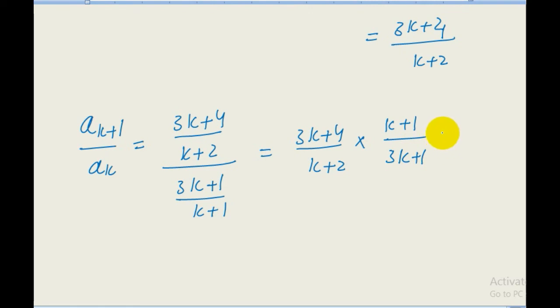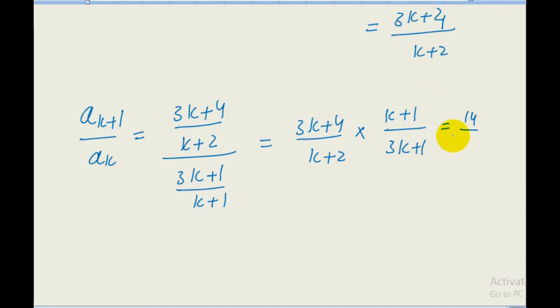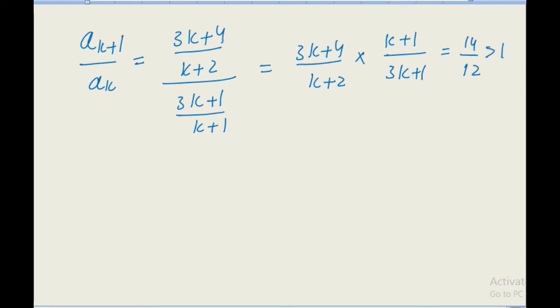And if we put k equal to 2, 14 upon 3 into 4, it becomes 14 upon 12. Now in this case the numerator is greater than the denominator, so this is greater than 1. So this series is not decreasing.